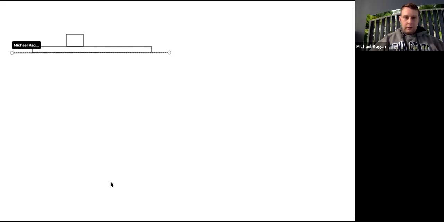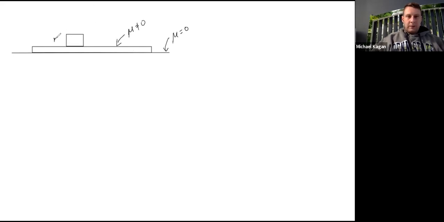In the simplest version of this problem, let's say the table is frictionless, and the block and the slab have some non-zero friction, which is given. And let's say the masses are given.